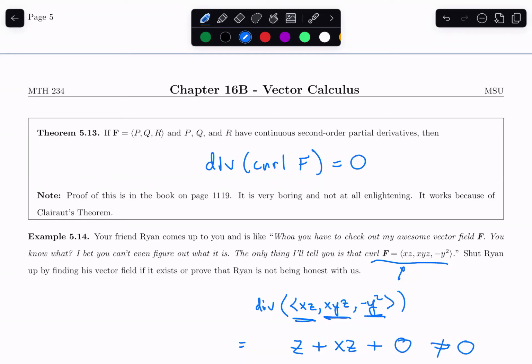Yes, so if the divergence of the curl is equal to 0, then such a vector field would exist.